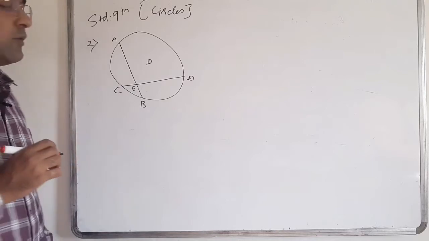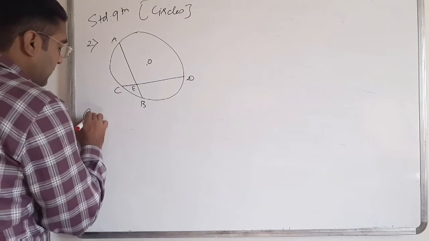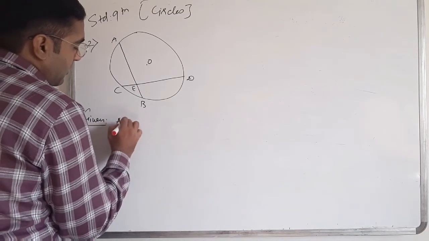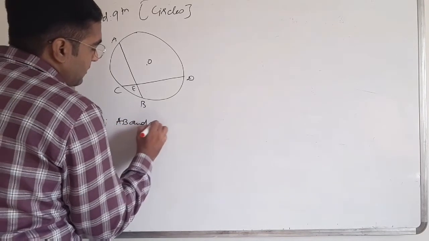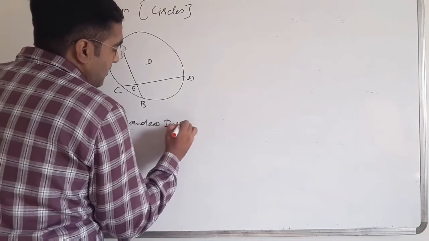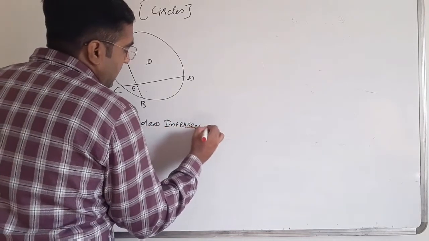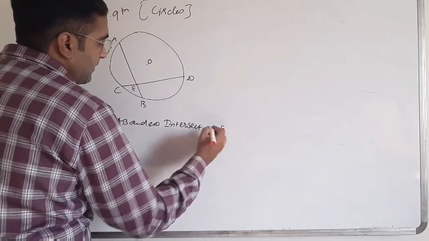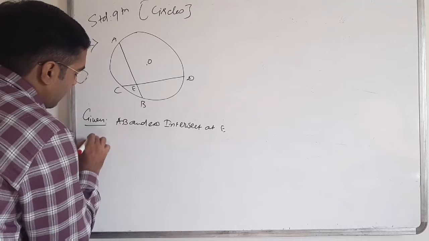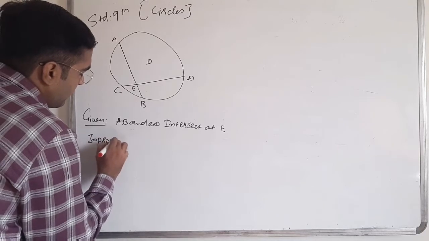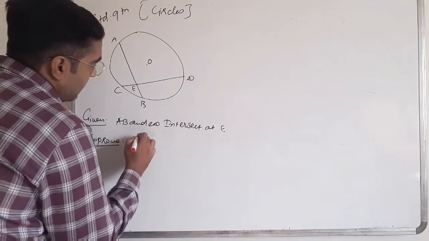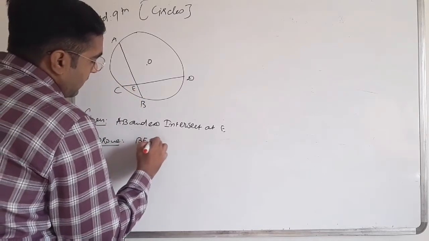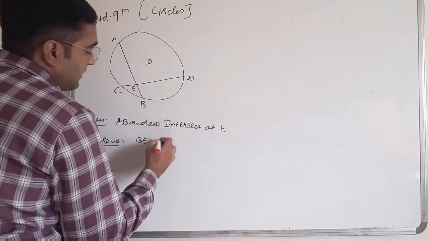Clear that? So here we are writing that given AB and CD intersect at E. To prove that the segment of one part, that is BE, is equal to the segment of the other part, that is CE.